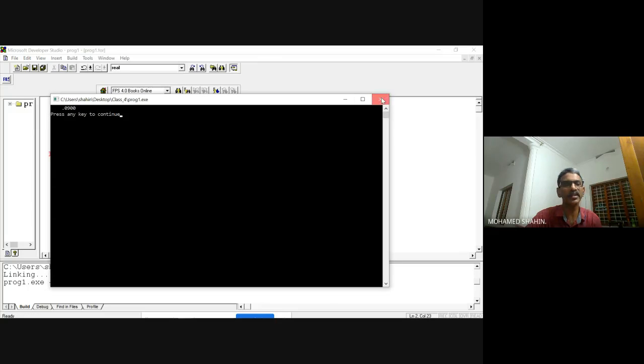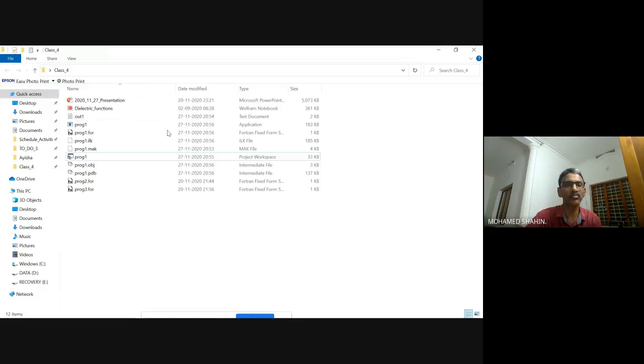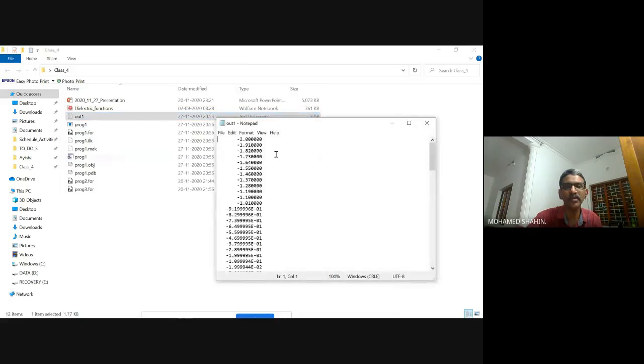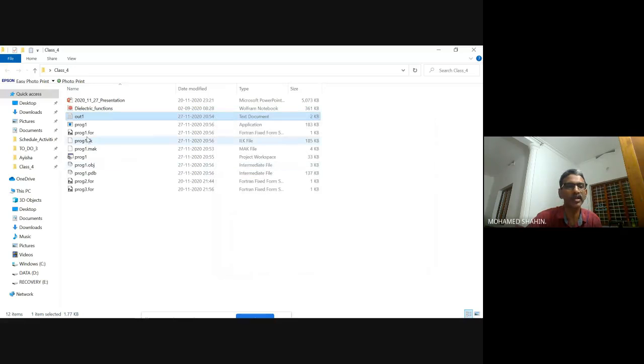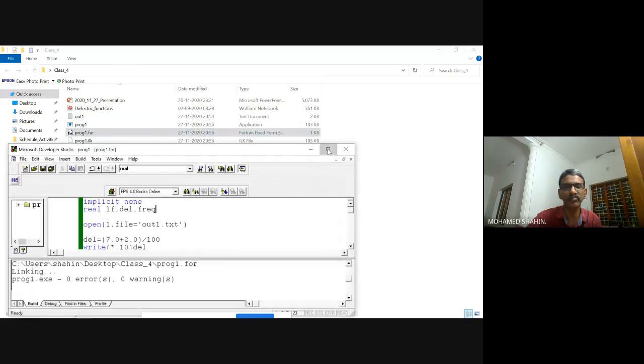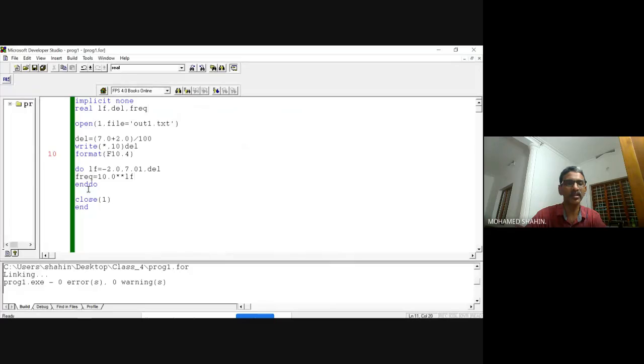Now you can see that the output would be giving, okay, sorry, what I have written, I have to write frequency instead of L. I have to write 1 comma star frequency. No, I am not writing anything here.